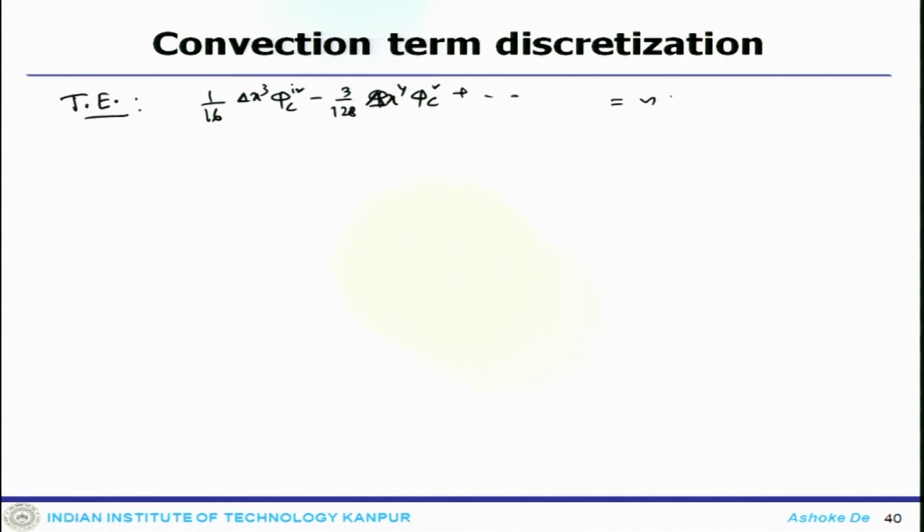This essentially gives you a third order accurate scheme. As we move along the hierarchical direction, second order upwind was second order accurate, and QUICK becomes third order accurate.